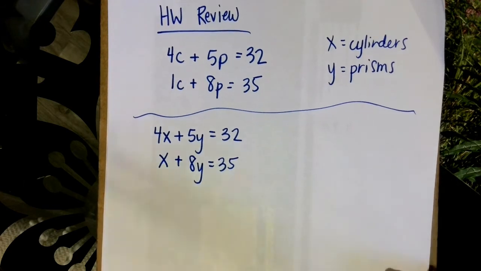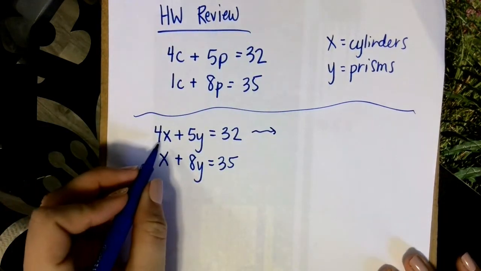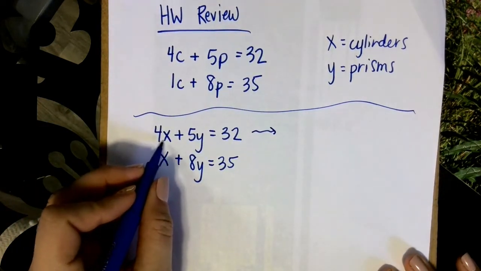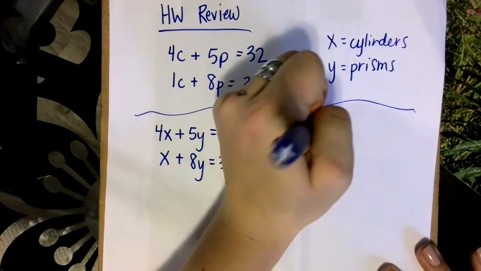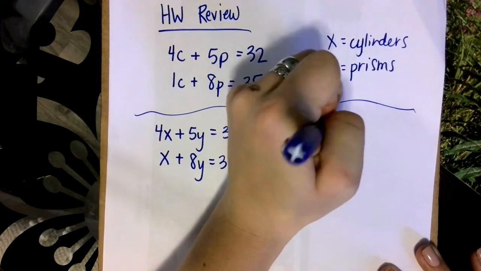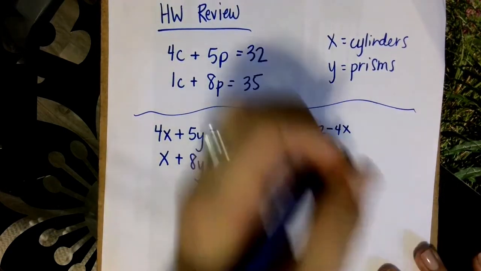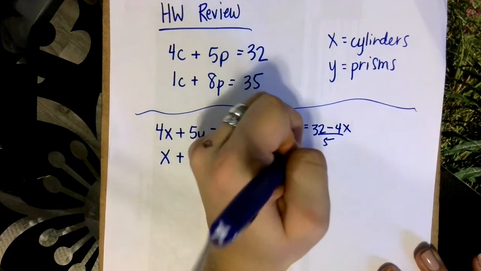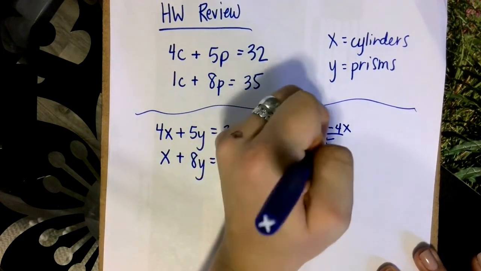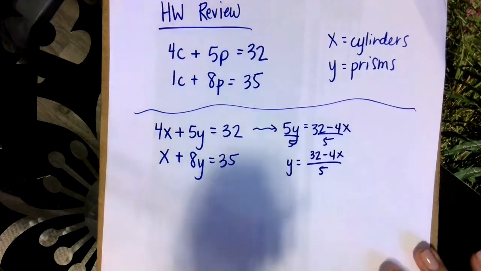So the first thing that we need to do is get the y by itself. To do that, I'll subtract 4x from both sides, and I would end up with 5y equals 32 minus 4x. Then I'm going to divide both sides by 5, and I end up with y equals (32 minus 4x) over 5.